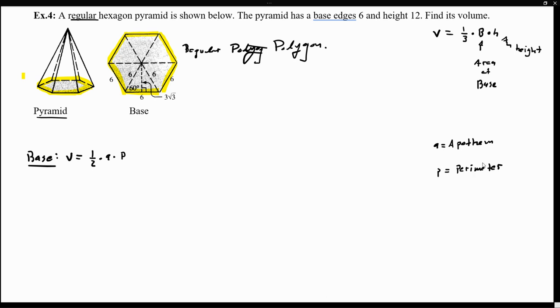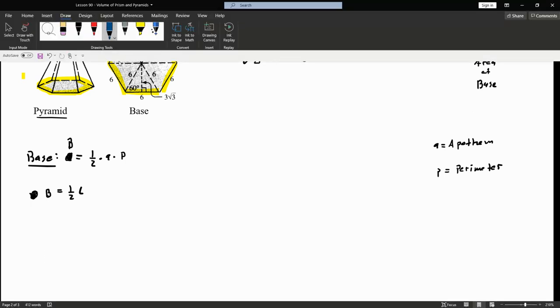Let's find the area of this regular polygon. So therefore, oops, I shouldn't call it the volume, but let's call it the area of the base. So that's 1/2 times the apothem. If you don't recall, the apothem is a line.